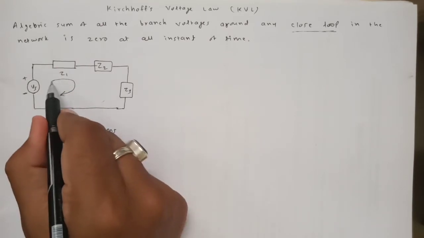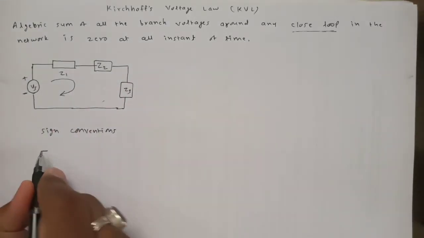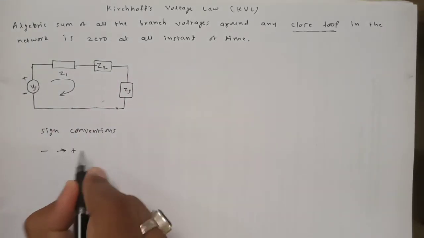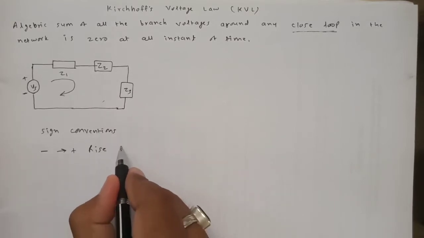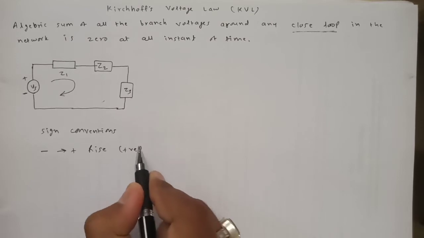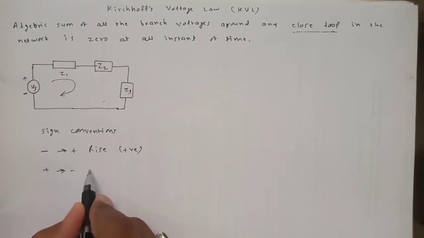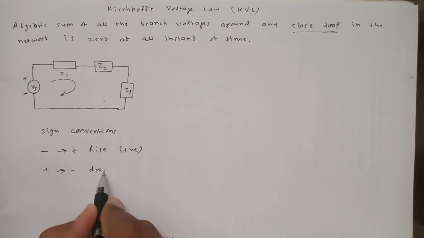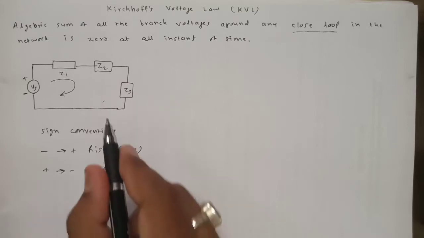Another rule is that if you are moving from minus to plus, it is considered a rise of the voltage, and that's why it is positive. Likewise, if you are moving from positive to negative, it is considered a drop, and that's why it is considered negative voltage.